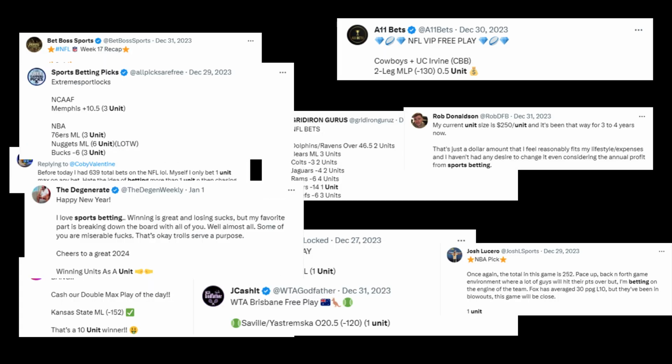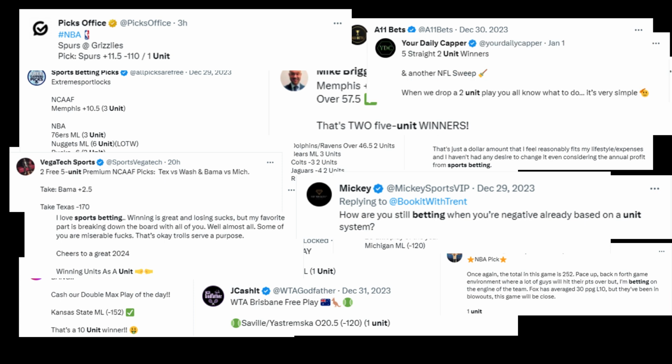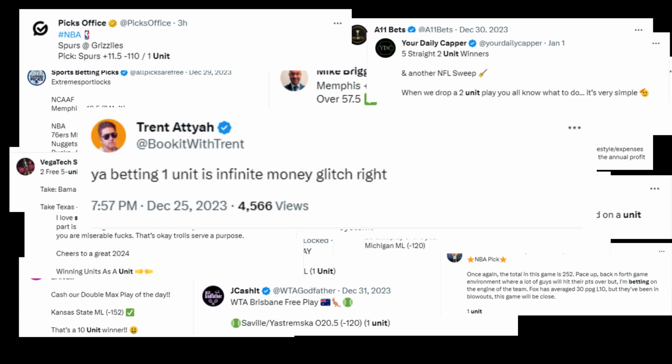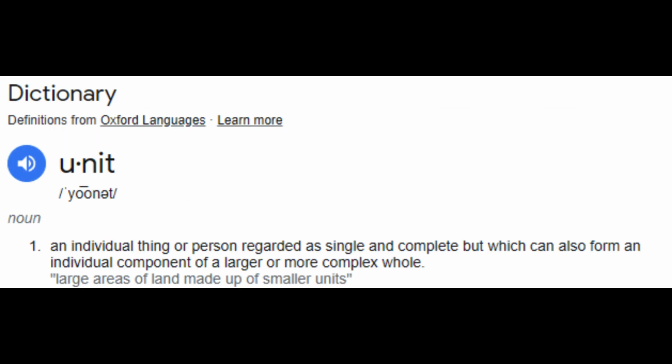So, as you can see, the word unit is a pretty commonly used term amongst sports bettors all over the internet. But what exactly does the word unit mean? Well, the exact definition of a unit is an individual thing regarded as a single and complete, but which can also form an individual component of a larger or more complex whole.